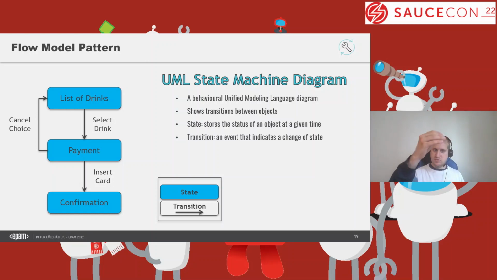You want to get a drink, you select from the list of drinks, you make payment, and you get to the confirmation. In a state machine diagram, there are states, and from one state to another you get there with a transition. That's it. You either have a state or a transition.